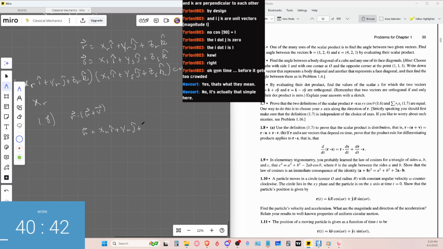There we go. My handwriting is not the best, but at least it looks more presentable. V. And then V. Plus. Then we'll just put R.